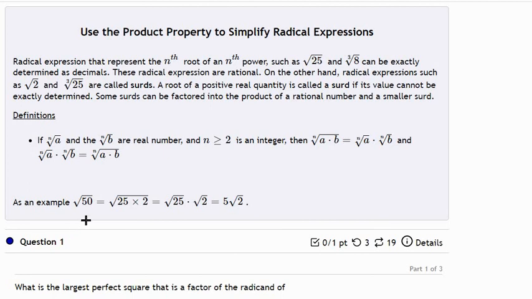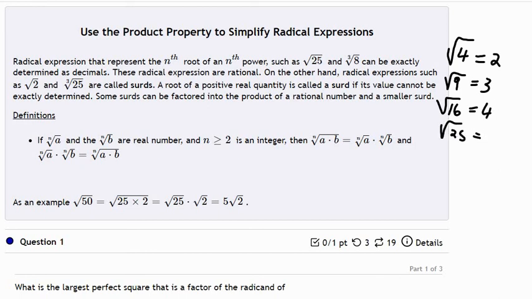As an example, if we were trying to do the square root of 50, now the square root of 50 is not rational, it's a surd, but I might be able to factor it into a smaller surd multiplied by a rational. All I have to do is think of all the rational square roots that I know. Well, the square root of 4 would be the first useful one, which is 2. The square root of 9 would be 3. The square root of 16 is 4. Square root of 25 is 5.